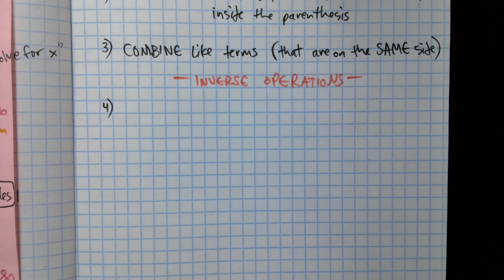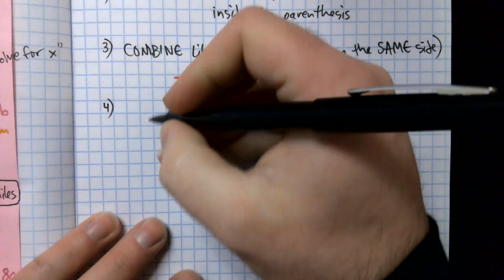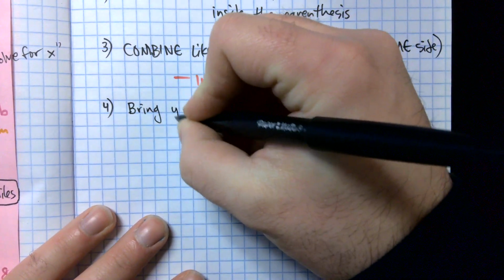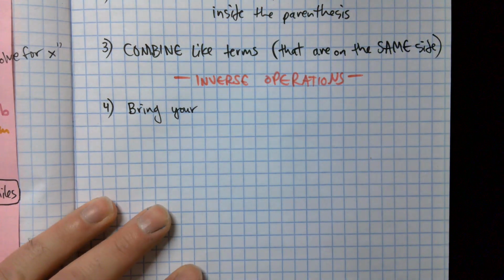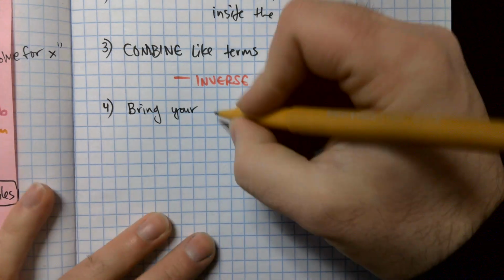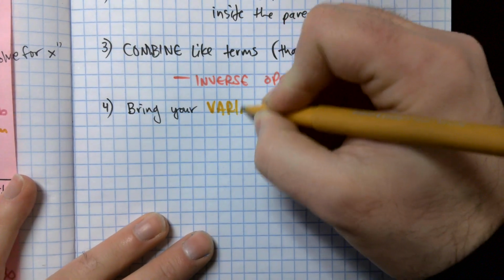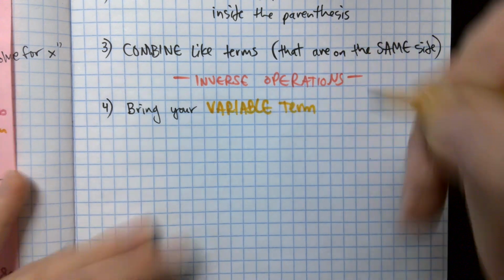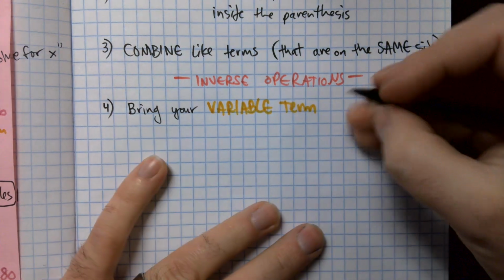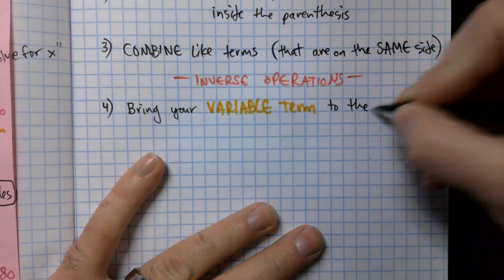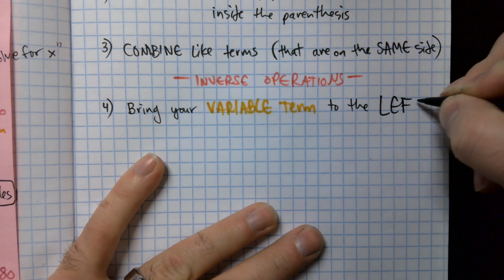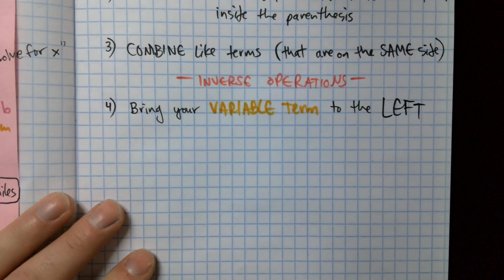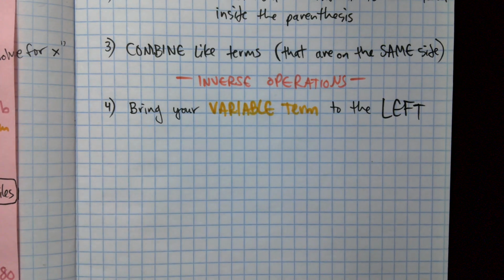Step 4 is to bring your variable term to the left by doing inverse operations.